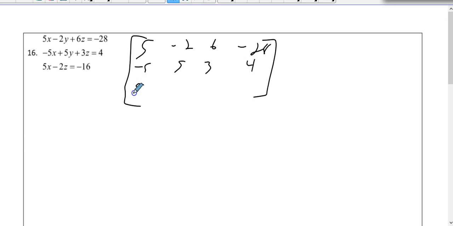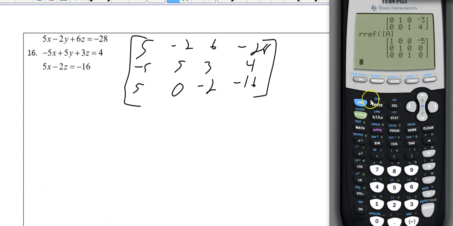This one, we have X, no Y, so we must put 0, 2, 15. That's wrong.